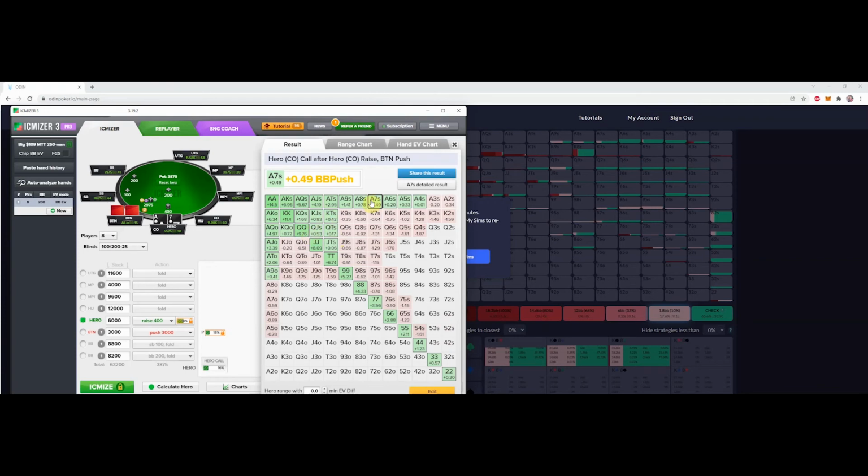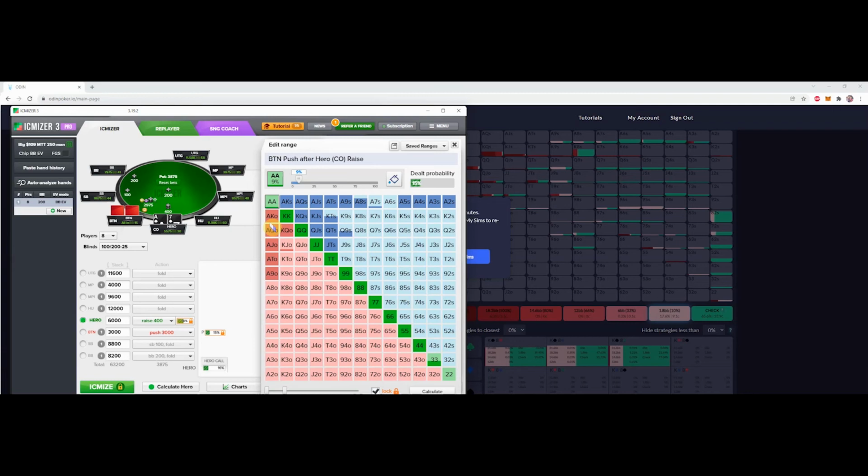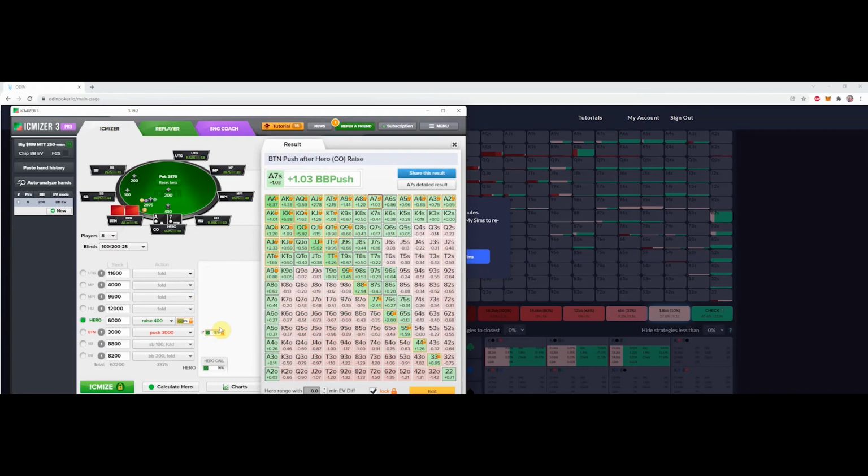It looks like our opponent did make a pretty good call here, even versus what I consider a pretty aggressive range. Now, another thing I want to bring up to you guys is that this, again, is just essentially what our charts are recommending. In general, our opponents are not going to be jamming as aggressively as the charts are really showing. So let's say, for example, we want to tighten up ranges here a little bit.